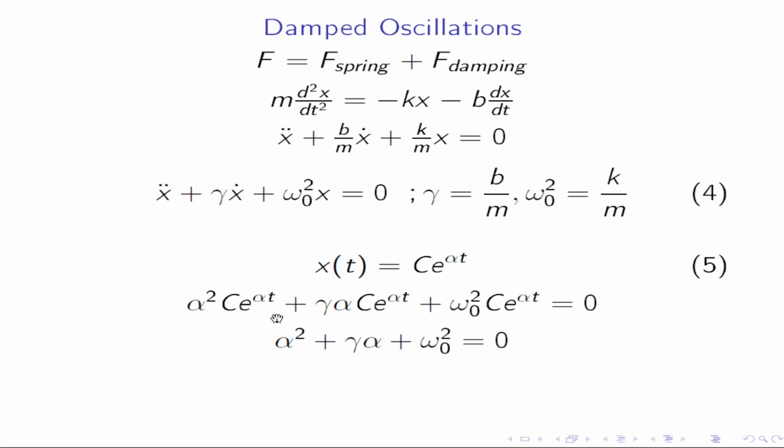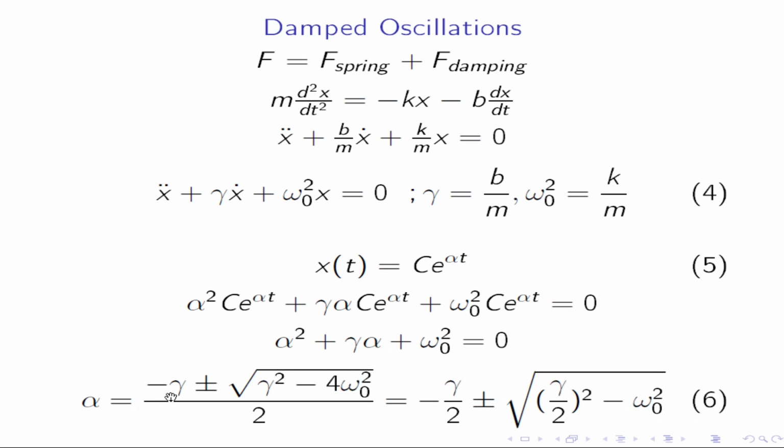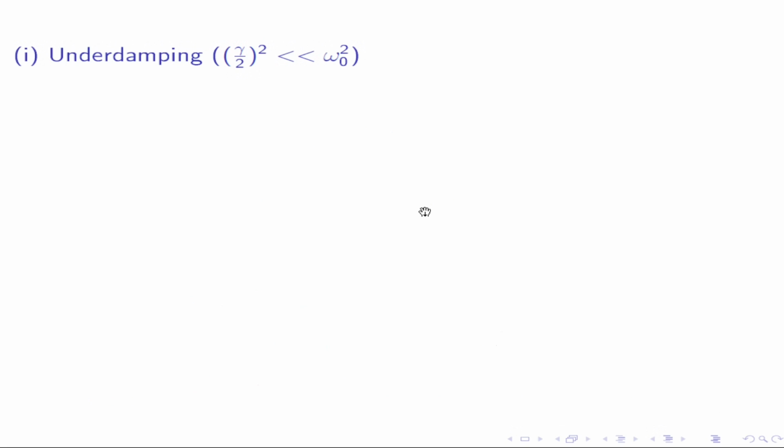Cancelling c e^(αt), α² + γα + ω0² = 0. From that, α = (−γ ± √(γ² − 4ω0²))/2, which is equal to −γ/2 ± √((γ/2)² − ω0²). If (γ/2)² is less than ω0², we call it underdamping.